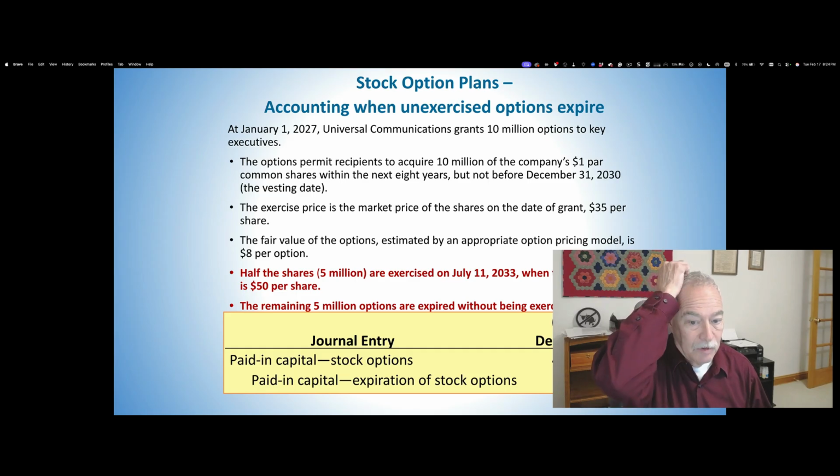In that case, let's assume that the other half, the other 5 million options, expired without being exercised. Then we're going to debit paid in capital for the remaining 40 million, the other half, and credit paid in capital expiration of stock options, which is essentially a permanent contribution to stockholders' equity.